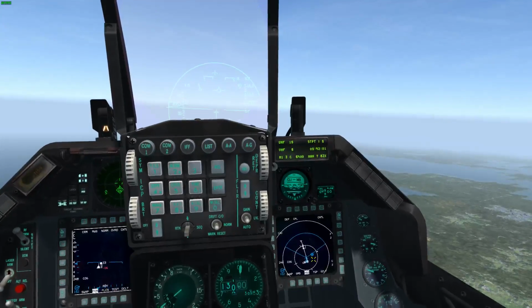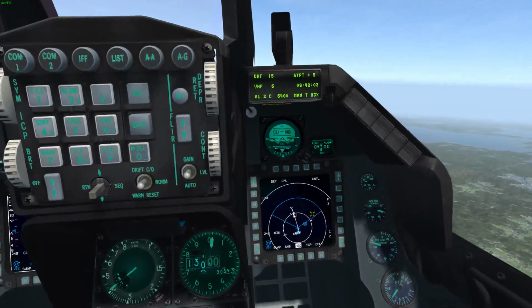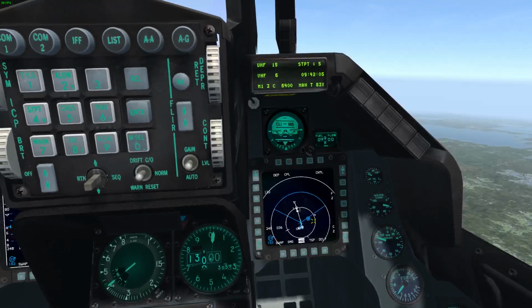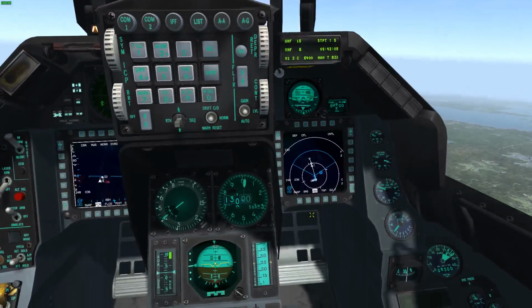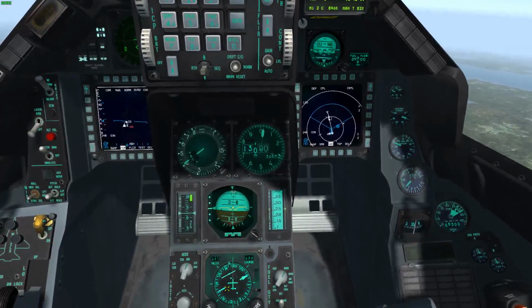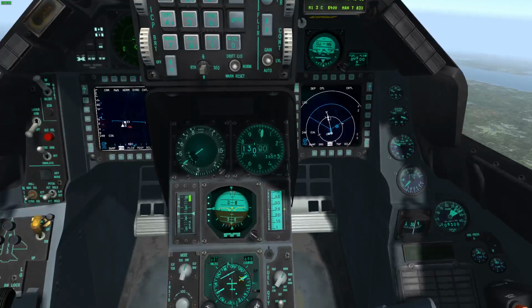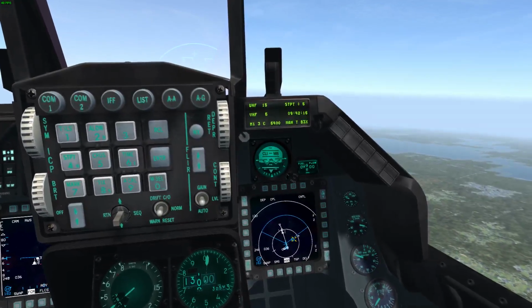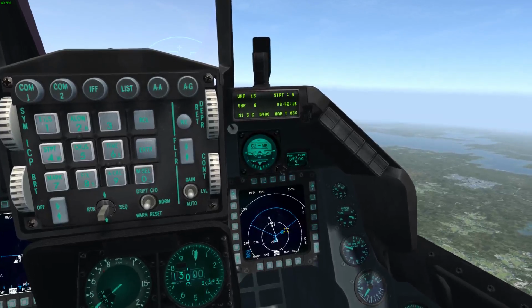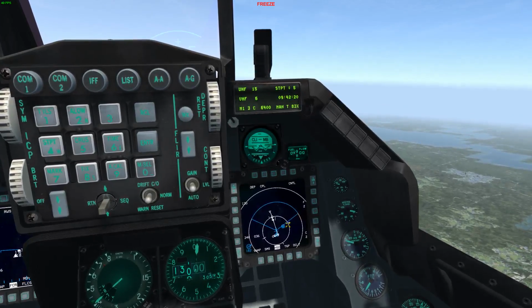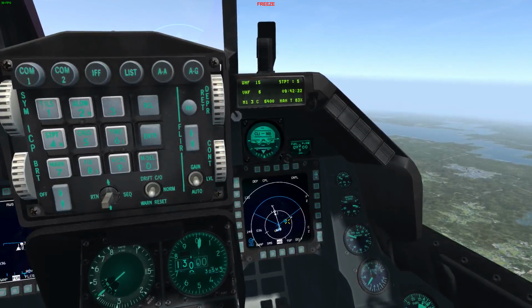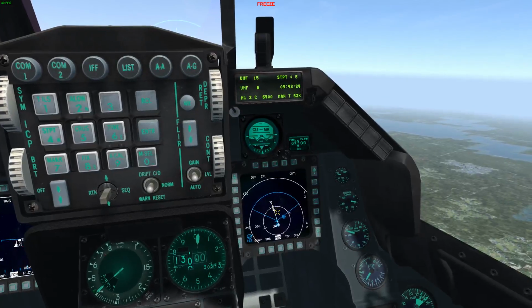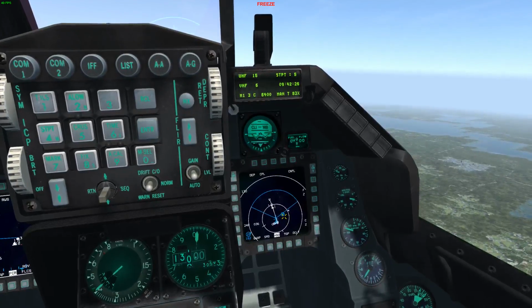If you imagine, you can see the bullseye here on your HSD, it looks like a bullseye. North is up here about 2 o'clock off my nose. So north is up this way relative to the bullseye. South is this way, west is this way, and east is this way.